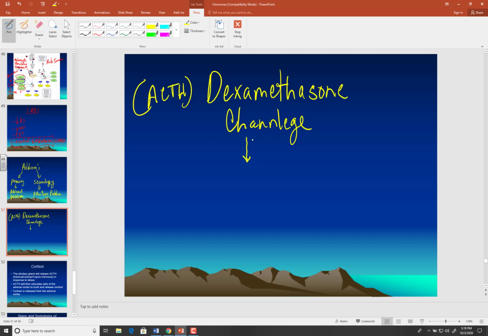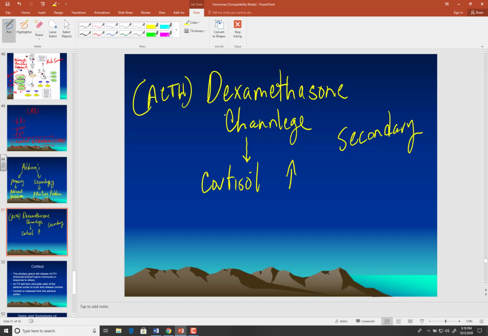Now, if you give them dexamethasone and then you draw their cortisol level, and their cortisol level rises, then you know that it's secondary, meaning the pituitary gland is not releasing ACTH like it should.